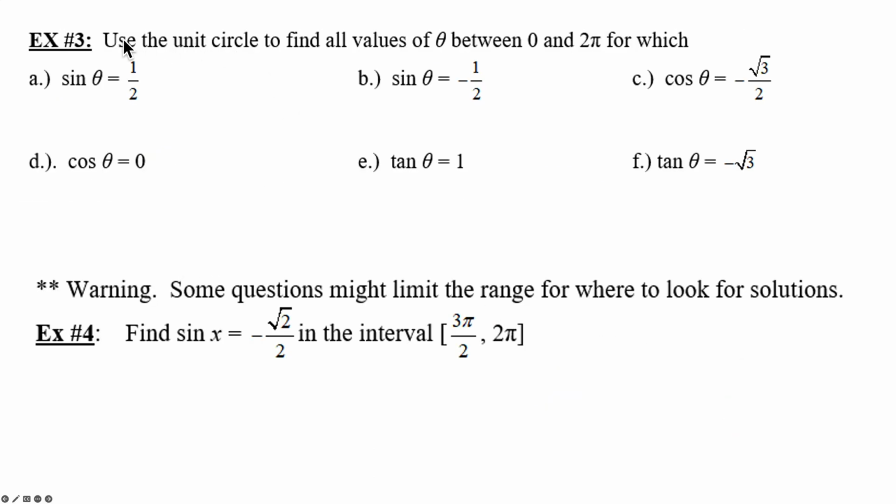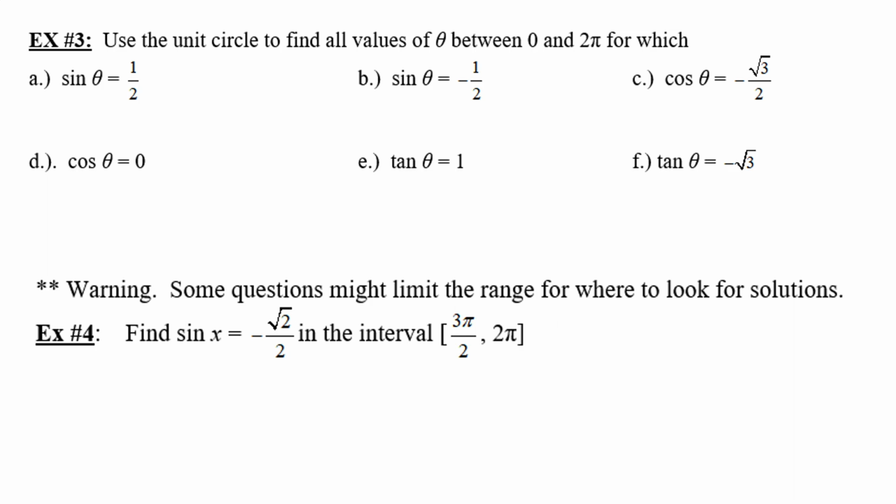Okay, example 3. Now we have the ratios, or the coordinates, if you will. Now we got to come up with the radian measure because they're asking us between 0 and 2 pi. Notice it also says find all values. There's going to be 2 answers. So sine of theta equals 1/2. Sine is positive in quadrant 1 and 2.